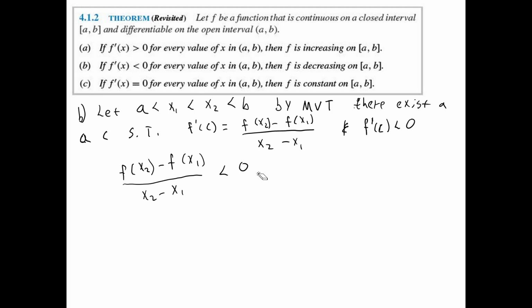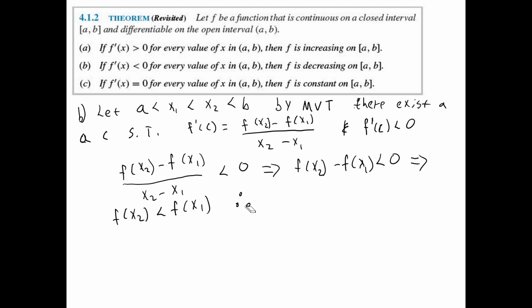And then if we multiply both sides by x2 minus x1, which is positive because x2 is bigger than x1, this preserves the inequality, so that f of x2 minus f of x1 is less than 0. And then if we add f of x1, then we get that f of x2 is less than f of x1.